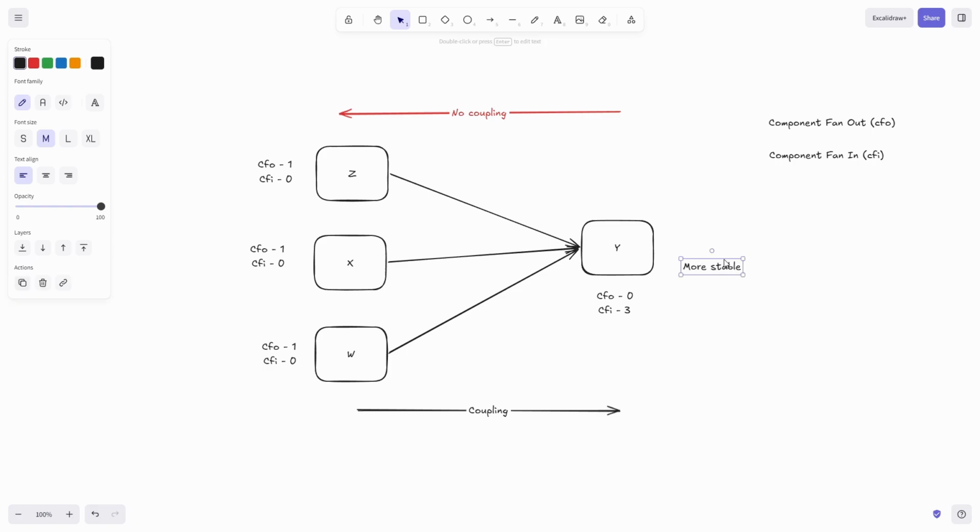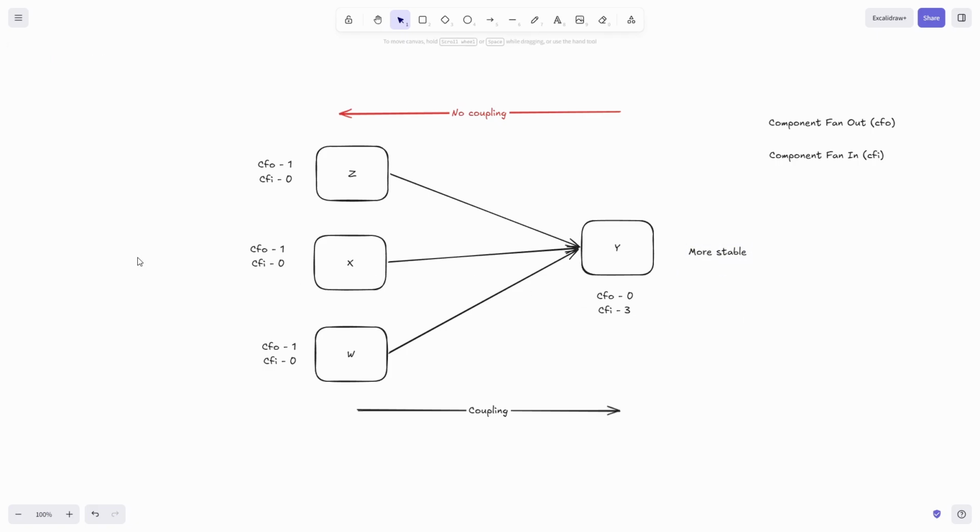So more stable on this side of the spectrum. But a component or components that have a lot of fan-out, meaning a lot of dependencies, they tend to be less stable.